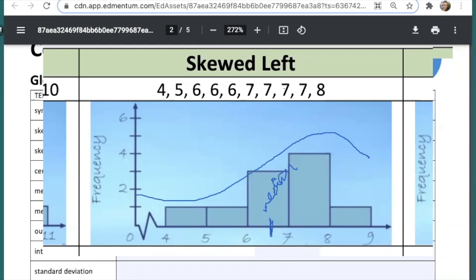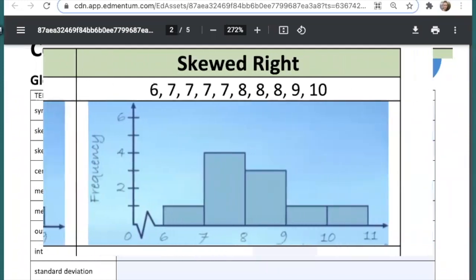So the mean is right here, 6.3. So as you can see, the mean is on the side of the tail, like I mentioned before.